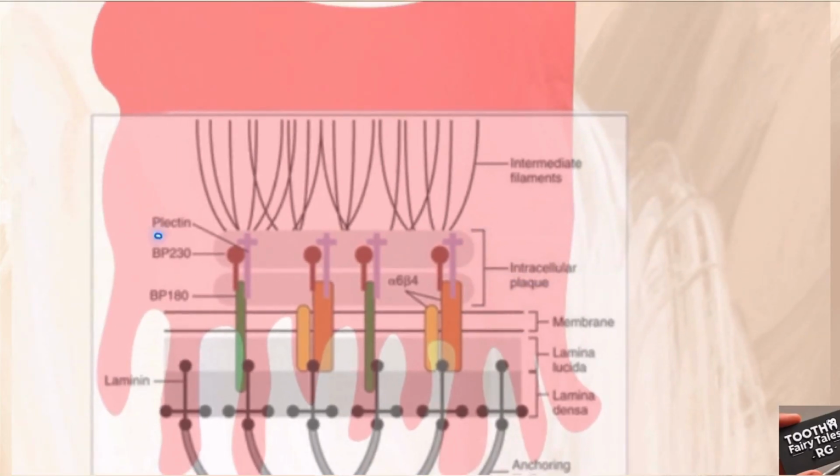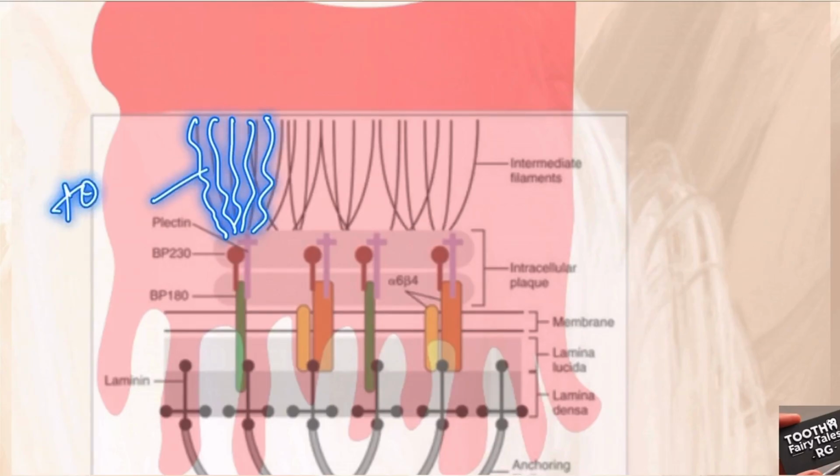Plectin and BP230 are the attachment proteins. These proteins are present in the intracellular plaque. These two proteins establish the link between the intermediate filaments, or the tonofilaments, of the basal epithelial cell and the hemidesmosome.